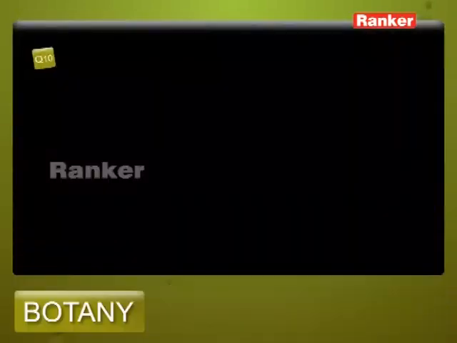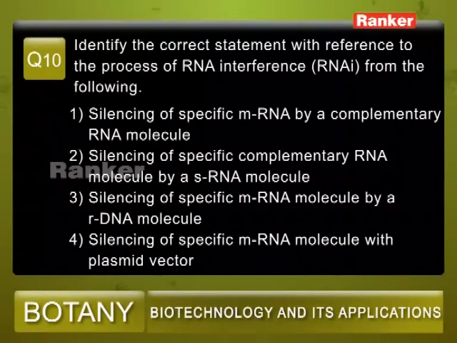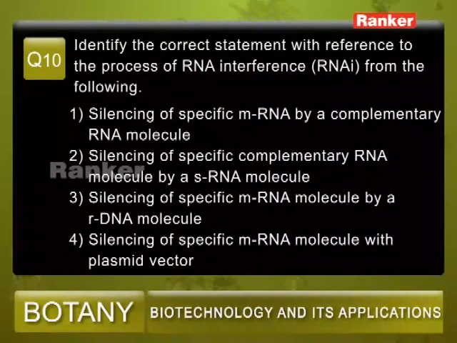Question number 10. Identify the correct statement with reference to the process of RNA interference, RNAi, from the following. Options. 1. Silencing of specific mRNA by a complementary RNA molecule. 2.